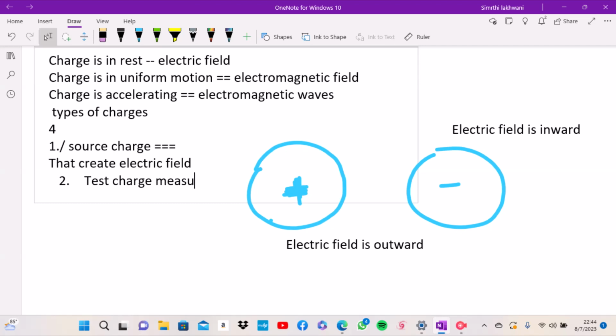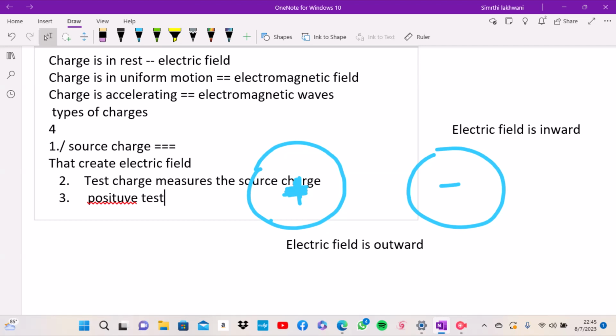The charge which measures the source charge is known as the test charge.